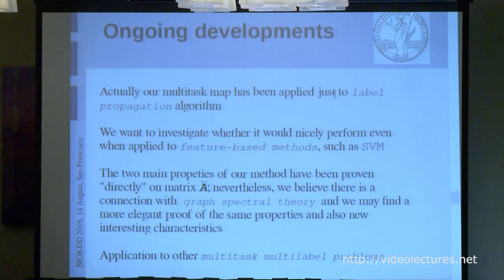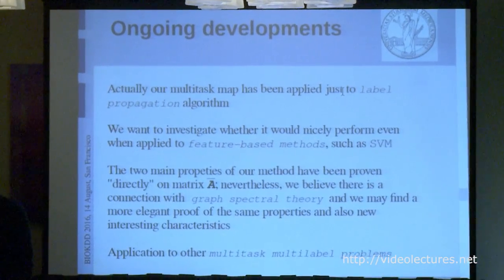We also want to try to understand if this multitask transformation is suitable also for feature-based prediction algorithms. We applied it on label propagation, which is a graph-based algorithm. But we want to try also if this kind of feature map is suitable, for example, when using support vector machines or when using any kind of regression.